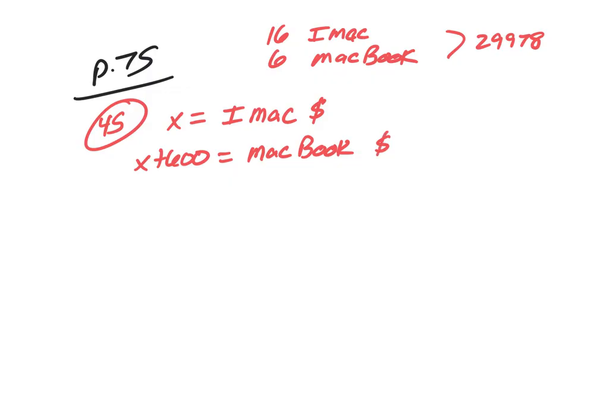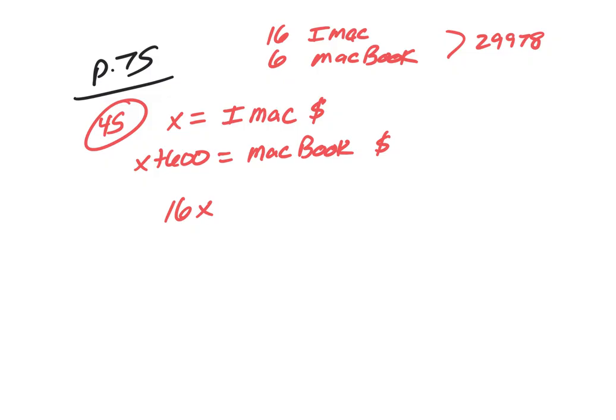Okay, so the MacBook's cost is X plus 600. Now we're going to use all this information to figure out the cost of each one. If I buy 16 iMacs, and we don't know the cost of it, the cost is just X, we're going to take 16 times what the cost is. We just don't know what that cost is.